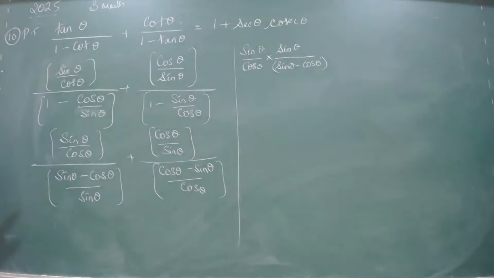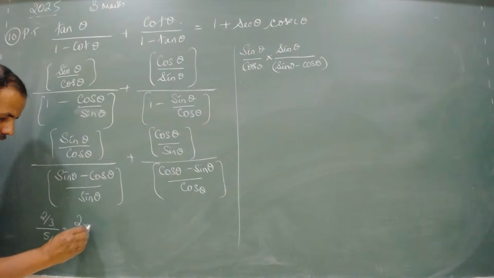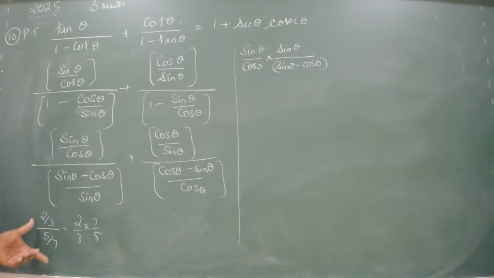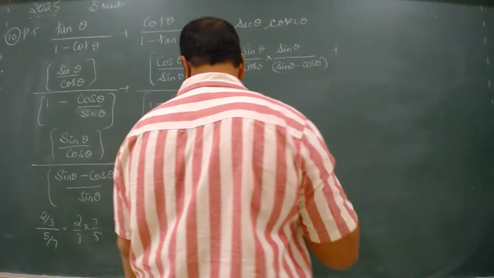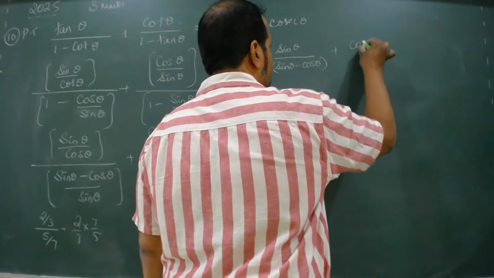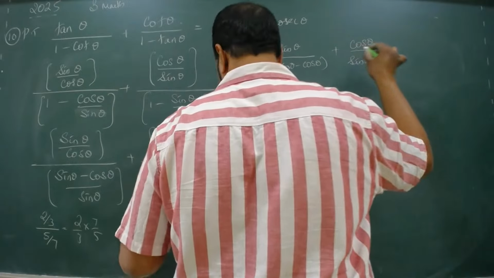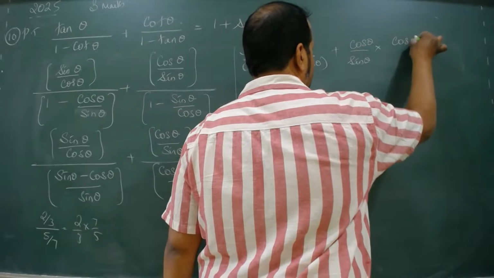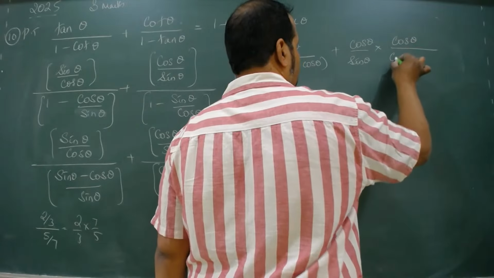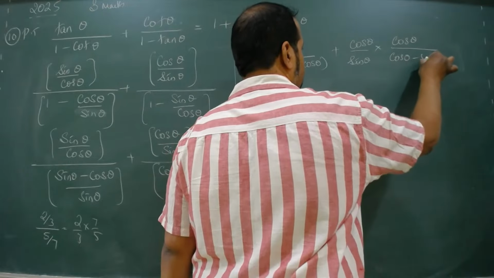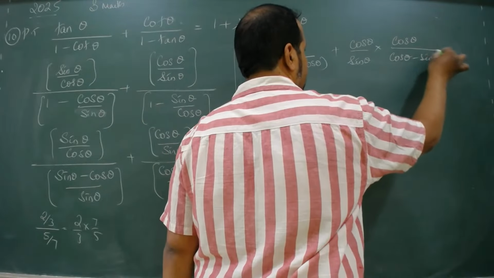You very well know that whenever you have a term like this, 2 by 3 divided by 5 by 7 can be written as 2 by 3 into 7 by 5. That's what I have done. Same way, plus write the numerator as it is into the reciprocal of the denominator, cos theta minus sine.